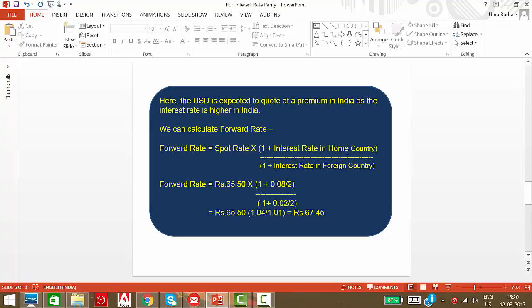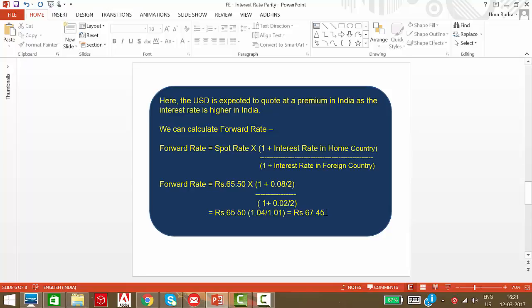My home country rate is 8% per annum, so for 6 months the interest rate would be 0.08 by 2, and interest rate in the foreign country, in US, is 2%, so for 6 months it would be 0.02 by 2. So it is 65.50 into 1.04 by 1.01. If you do the math in a calculator, it comes to 67.45.